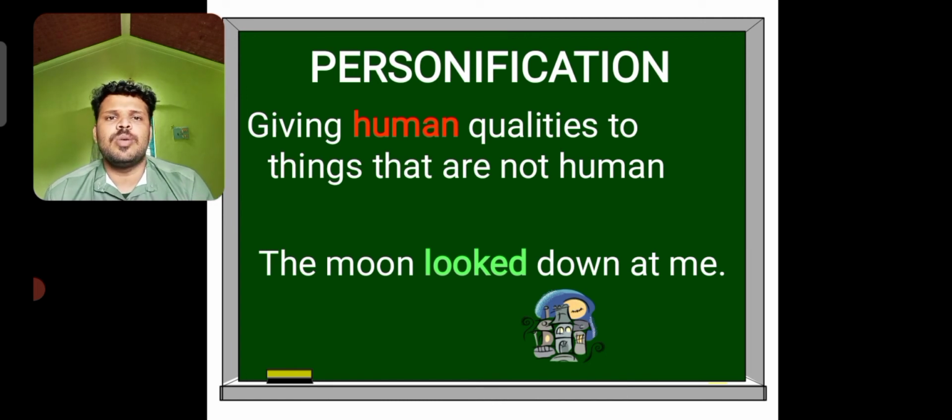This is a typical example. Here we give a human quality to the moon. It is very simple, but normally poets use personification to defamiliarize their text, to differentiate the language of literature from the language of common people, the language of conversation.